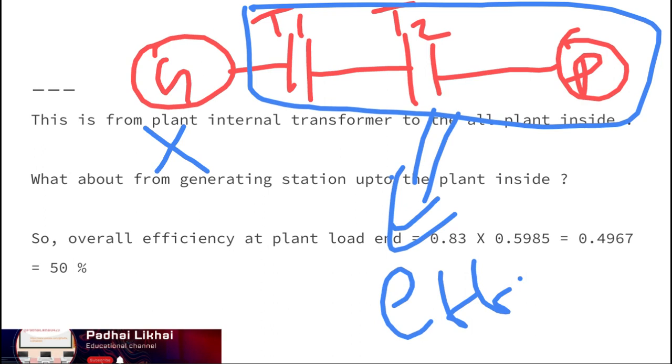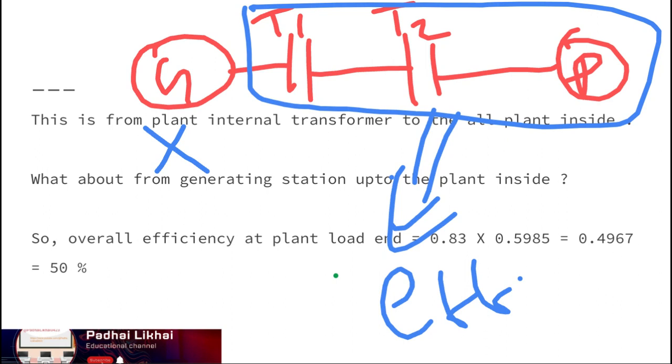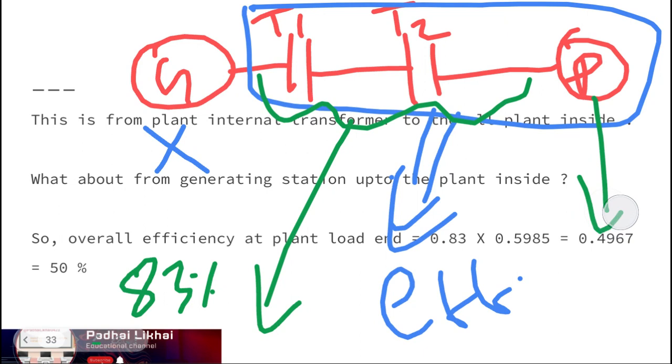Efficiency of this part. So basically from our previous discussion, we know the efficiency from here to here. This we know. How much? 17% is the technical loss in India, so it is 83%. And just now we have calculated the efficiency of this plant, which is around 60%.